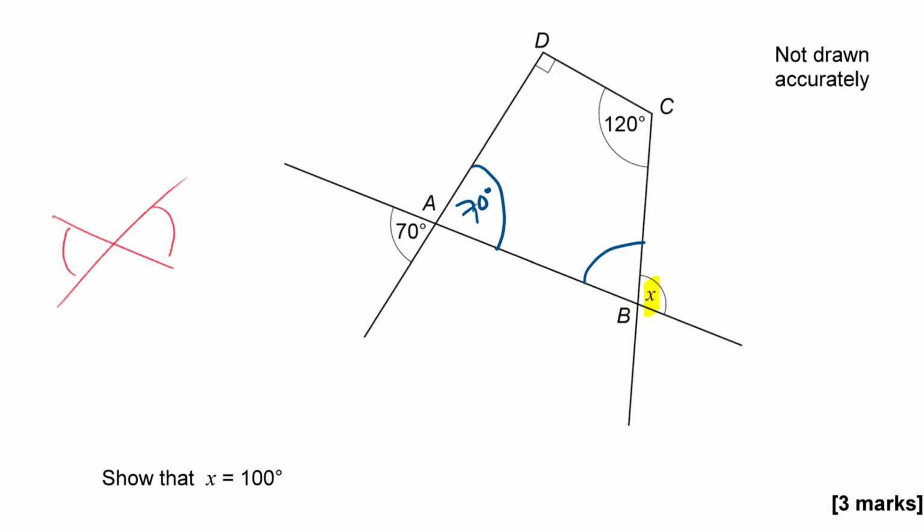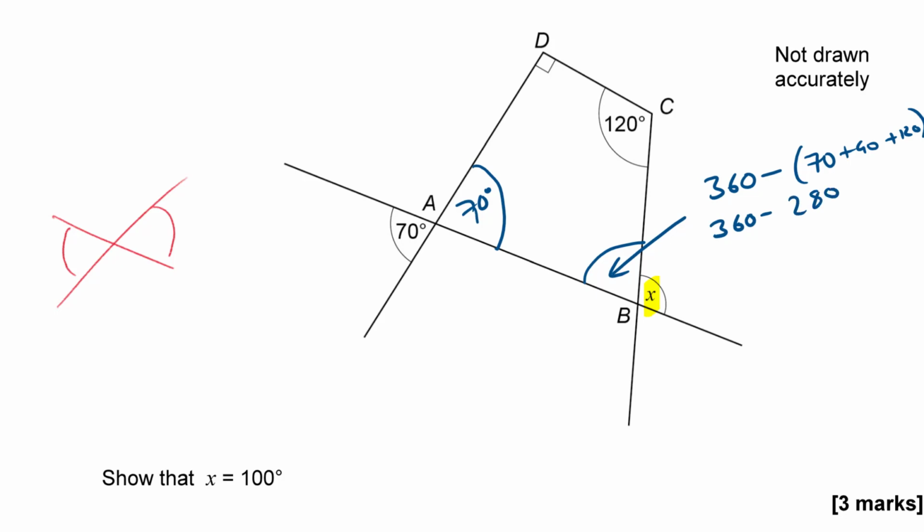So this one in here is 360 minus those other 3 angles that make up the quadrilateral. So that's 70 plus 90 plus 120, all taken away from 360. Well, those 3 angles given add up to 70 and 90 is 160 plus 120 is 280, isn't it?